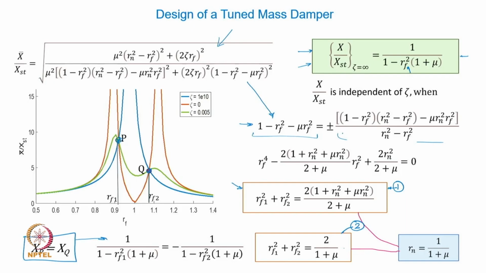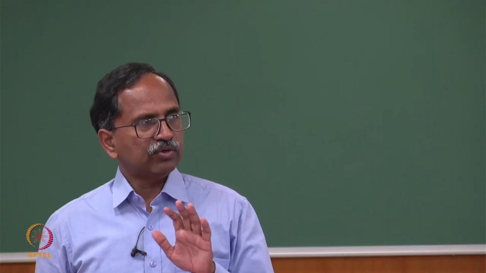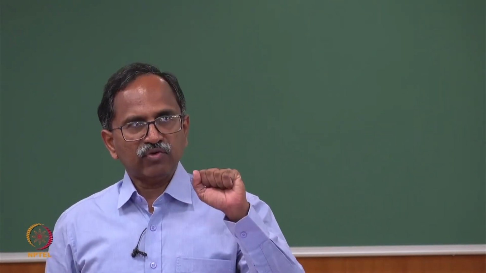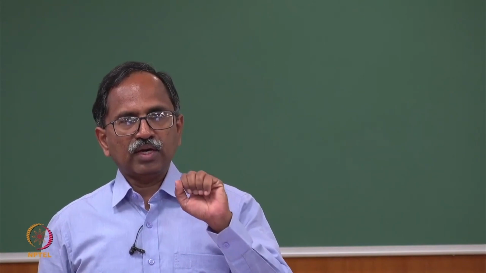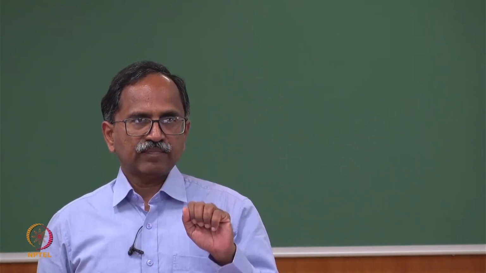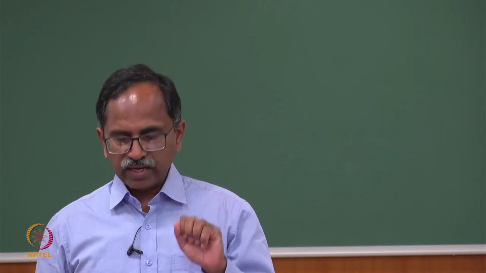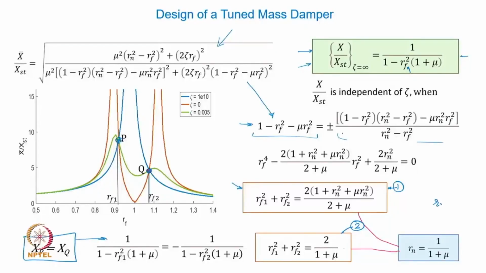So through this whole process, what we have been able to do is, given a certain value of mass ratio mu, I can now fix the natural frequency ratio. Okay, or I have a direct value of rn, which is the natural frequency ratio. It is a function of the mass ratio. What if I choose this natural frequency ratio? What is definitely guaranteed is that you will have same amplitude at points P and Q.